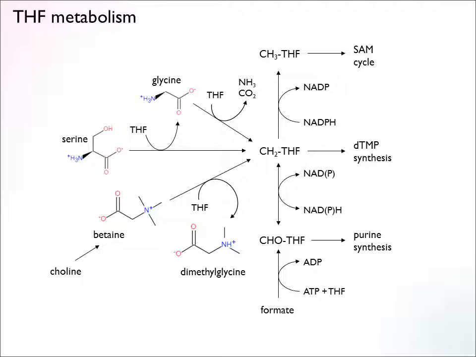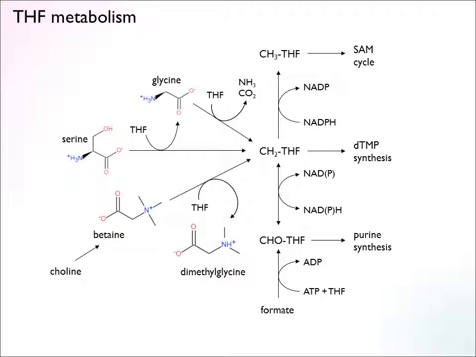If the 1-carbon units are oxidized down to the formyl state, then this form can be used to make purines. This is used in the synthesis of the purine ring. And these are the most important fates of carbon bound to folate. So as you can see, it's closely associated with nucleotide synthesis.